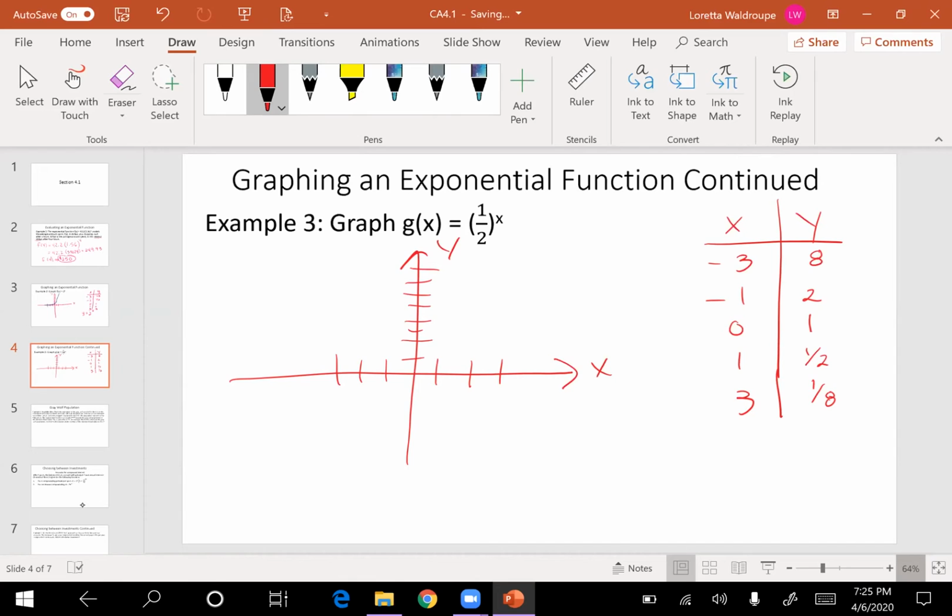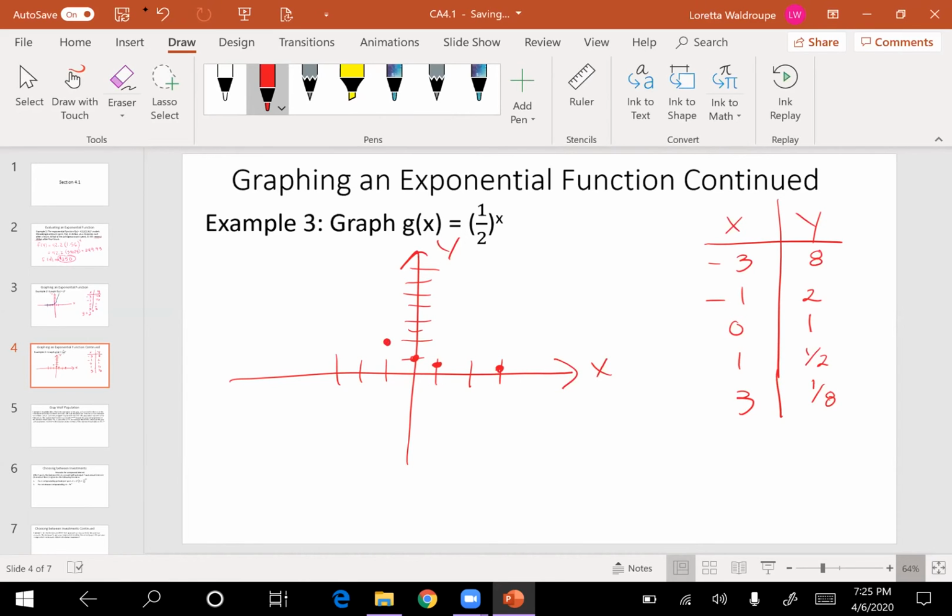So at 3, I'm at 1 over 8. At 1, I'm at a half. At 0, I'm at 1. At negative 1, I'm at 2.